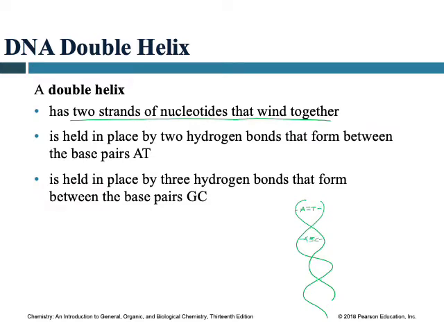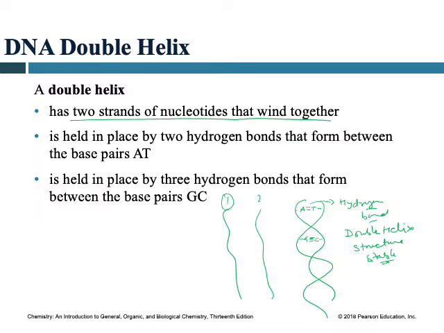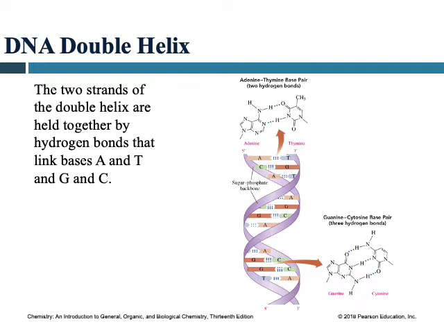Because of these hydrogen bonds, this double helical structure is possible, or stable, right? If there were no hydrogen bonds, this double helical structure would unwind into separate nucleotides, right? But because of hydrogen bonds, they form the double helix structure, right?